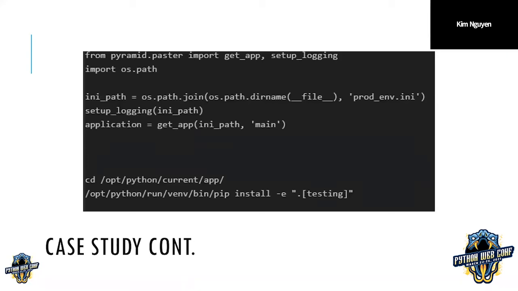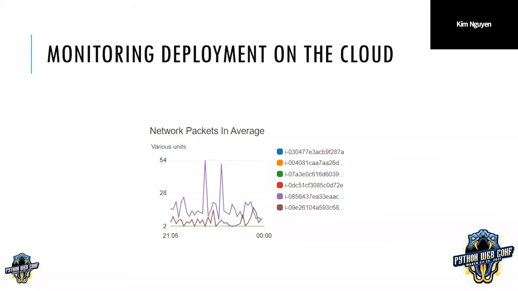And here is an example of how we would monitor deployment on the cloud: network packets, for example, being measured. This is an example analytics chart, a graph that we may obtain from, say, either AWS or Azure. Really, all of them provide better feedback through this method.